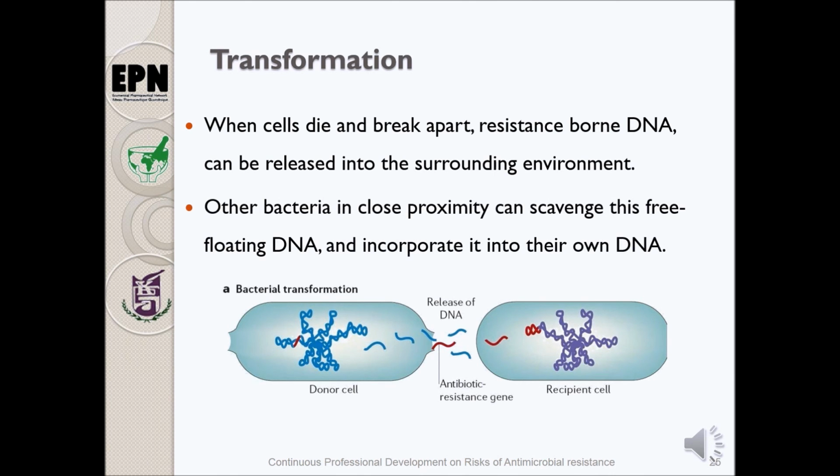Some of the free DNA may contain advantageous genes such as antimicrobial resistant genes and may benefit the recipient cell, essentially making it resistant to similar antibiotics that it might be exposed to.